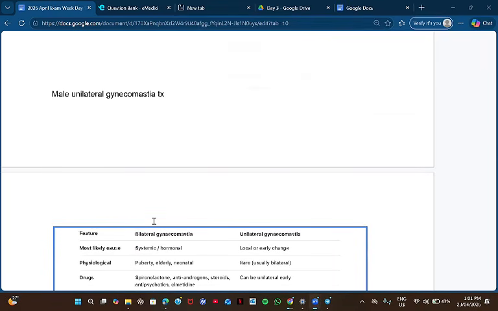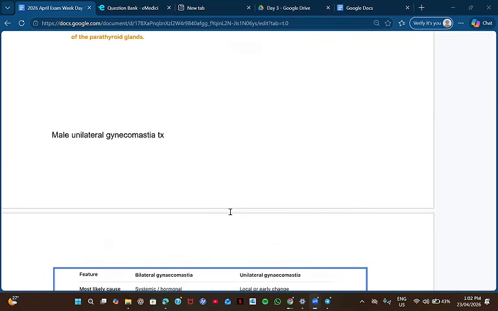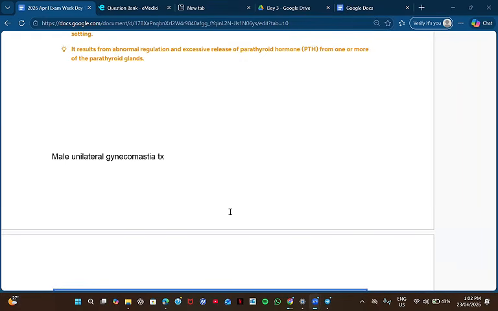Okay, next question: male unilateral gynecomastia treatment. So now tell me about unilateral gynecomastia. What do you know? When you see unilateral gynecomastia, what is in your mind? We have two things, bilateral and unilateral, right?